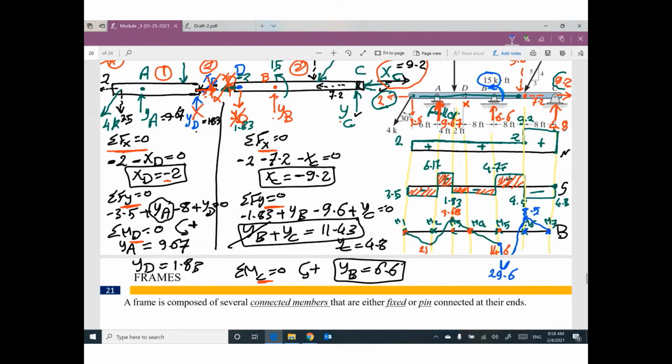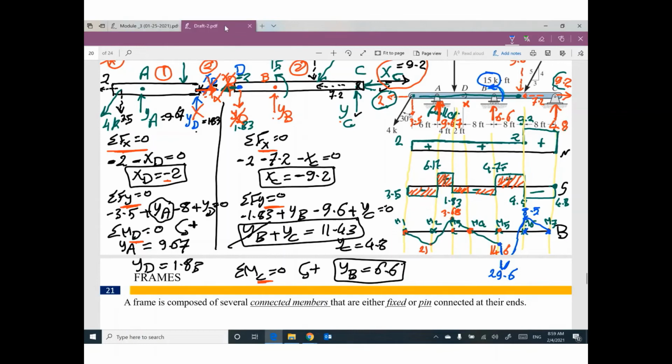Negative 29.6 plus 4.77 times 8 is 8.5, minus 4.8 times 8. Okay, anyway.